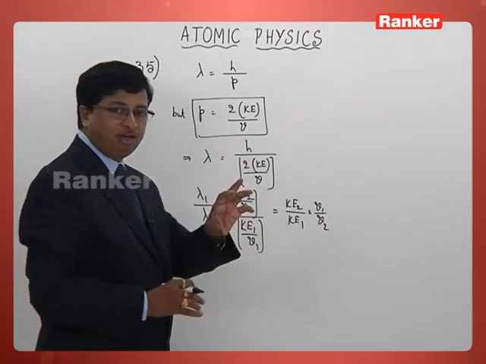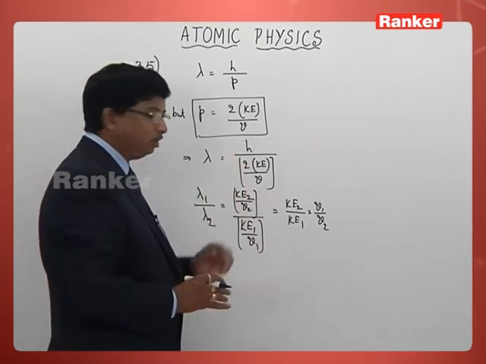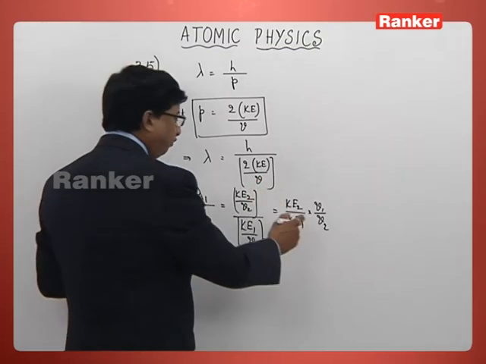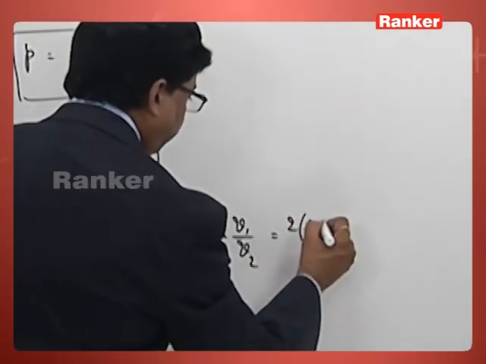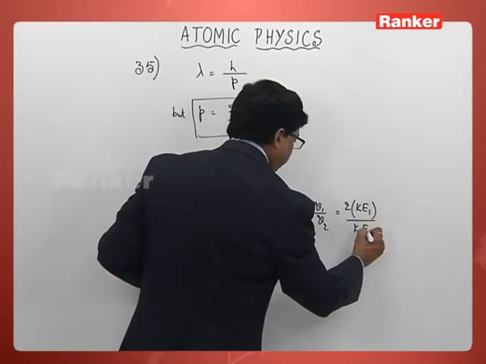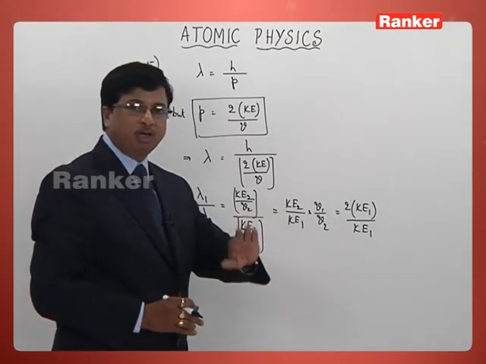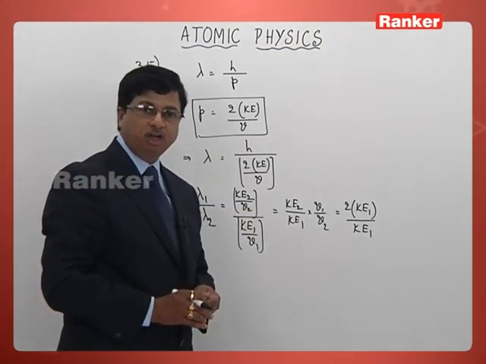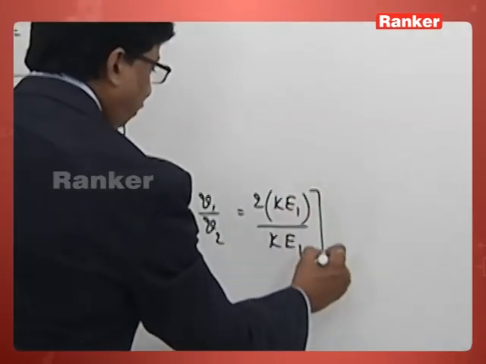What are the values given in the problem? Now you look at them and substitute them here. What is final kinetic energy? He said it is twice the initial kinetic energy. Initial kinetic energy KE1 I am writing, then automatically KE2 becomes twice KE1, into what next we have?